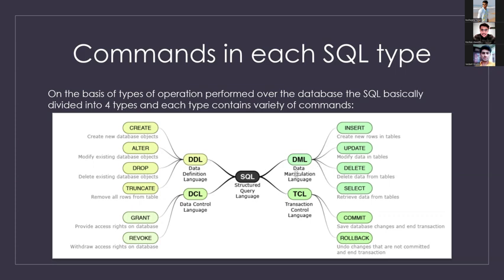But data manipulation language, or DML commands, we use when we want to do any updation or changes in an existing database or table. When we do not have to alter the structure of an existing table or database, then we use DML commands. But when we have to change something over the structure of any database or table, then we will use DDL commands.